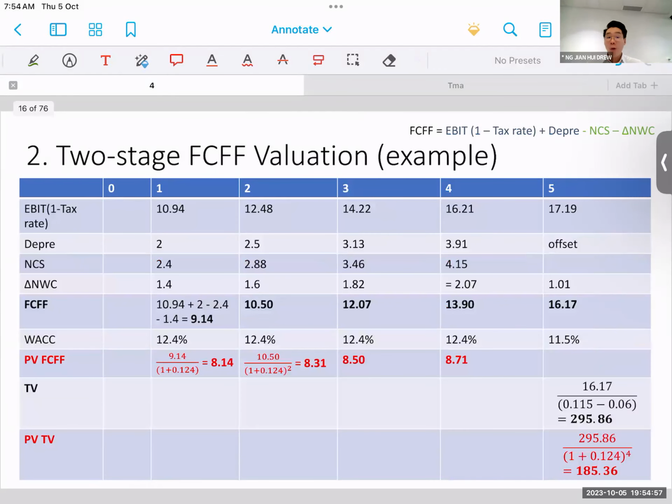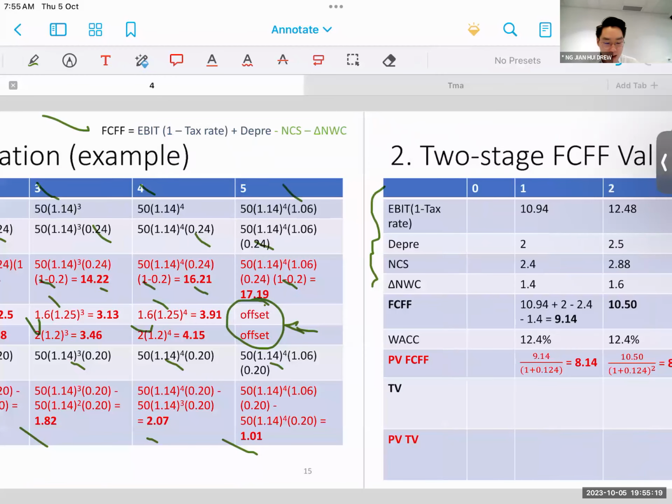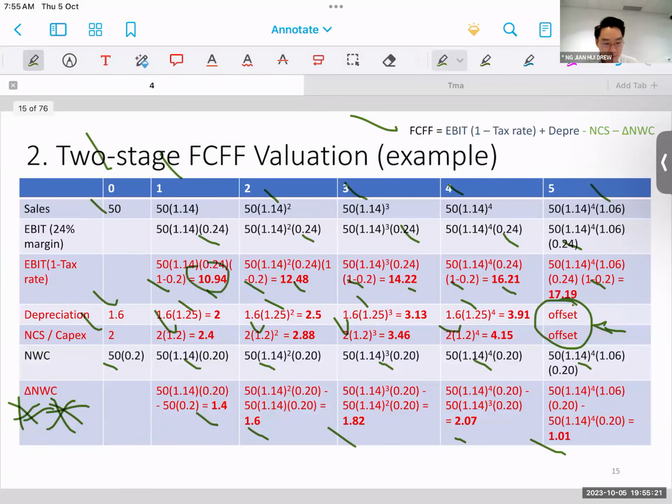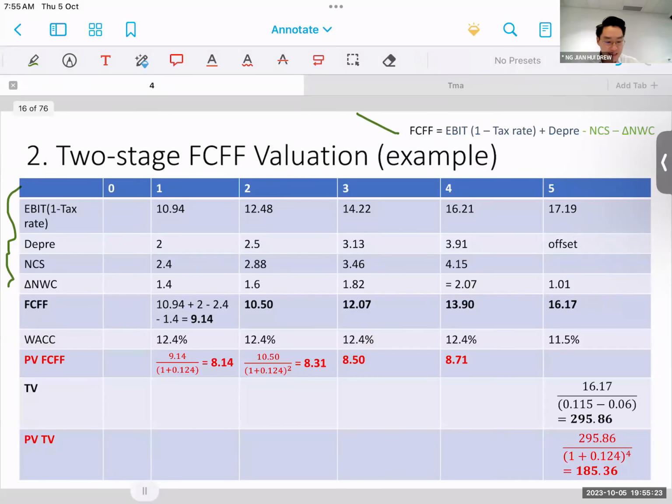Now we have all our values ready. So this portion here is kind of unnecessary. I just want to repeat again for presentation to show you that I'm using this FCFF formula where I calculated all the values in bold. Those values in bold from the last slide, I have transposed to the next slide here.